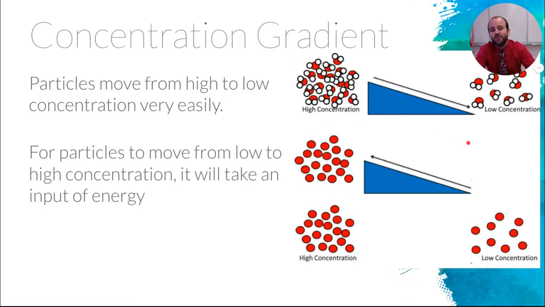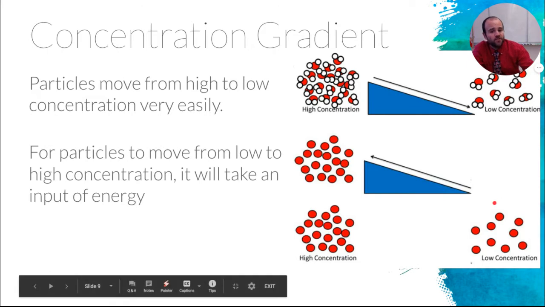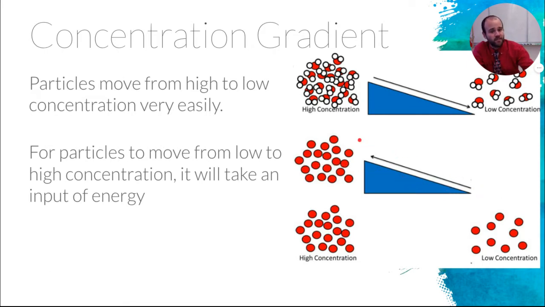So with this concentration gradient, because of diffusion and the laws of physics, when you have a really high concentration, particles are going to want to move down the concentration gradient, go from high concentration and move to where there's low concentration, because there's more room to spread out. It's easier to move around. If you want to go from a low concentration to a high concentration, you've got to move up the concentration gradient.